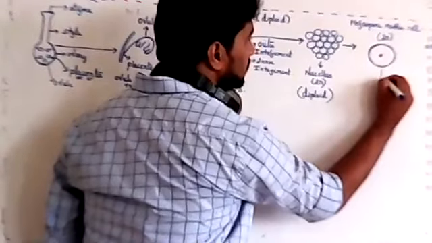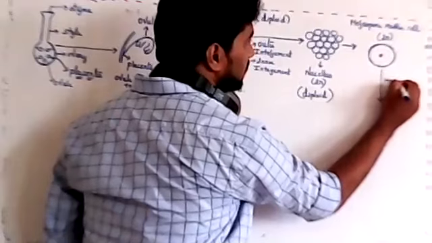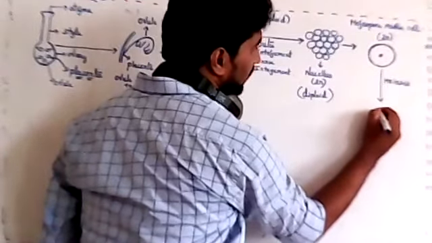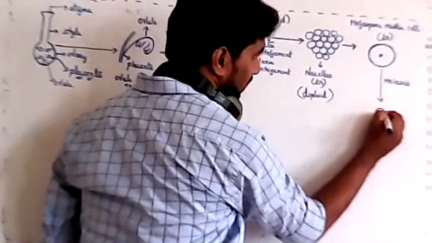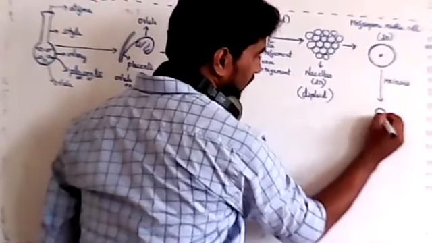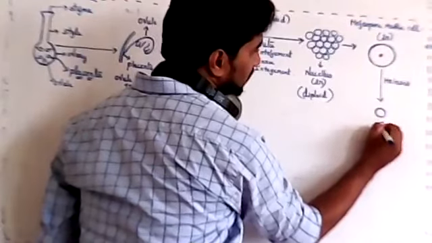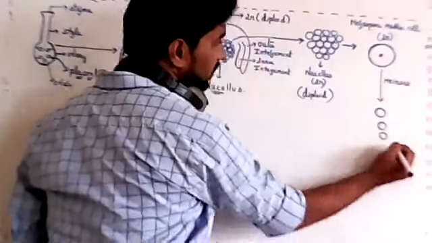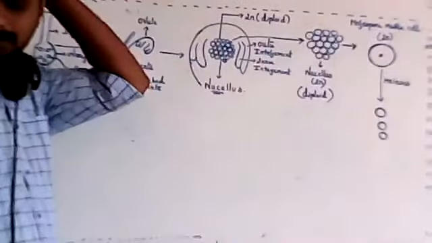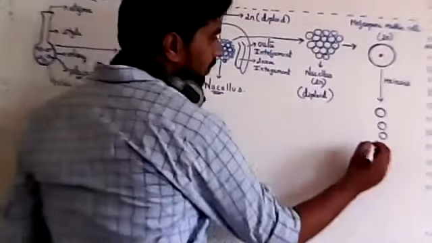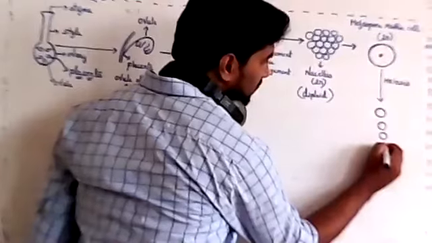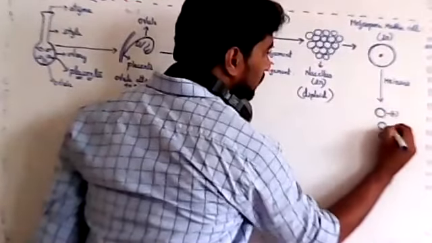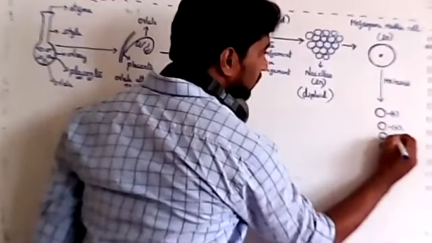One round of meiosis. Meiosis always gives rise to 4 haploid cells. So 4 haploid cells will be formed after meiosis.